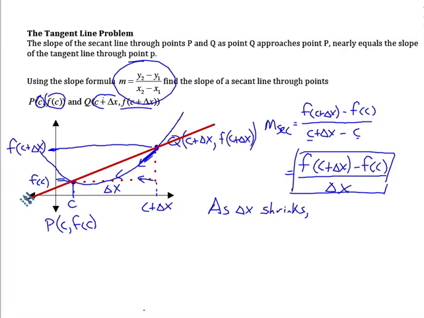So we might have this point, we might have that point, and eventually it will go until Q is right there with P, and we'll have the slope of our tangent line. So again, as Δx shrinks, the 2 points get closer.